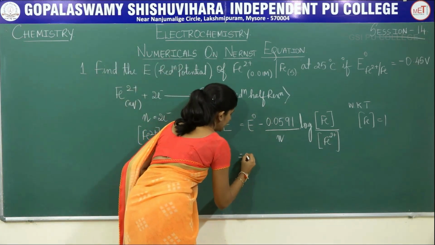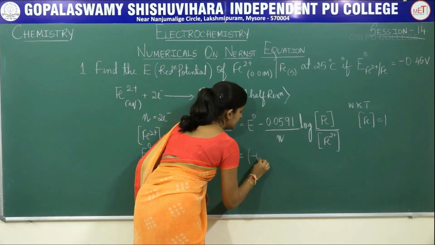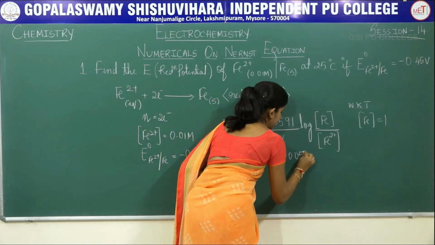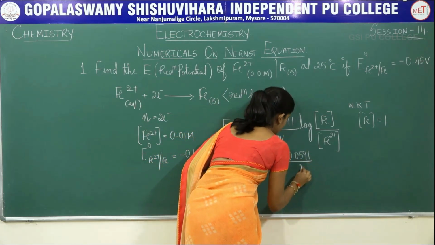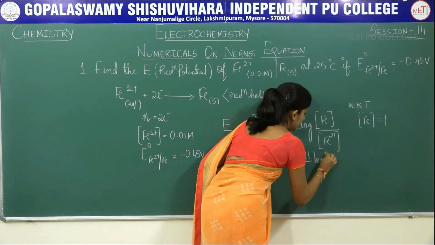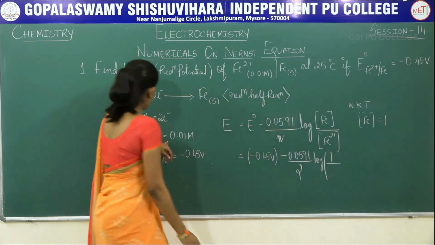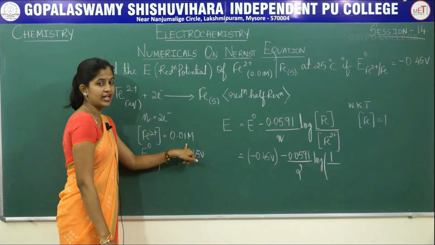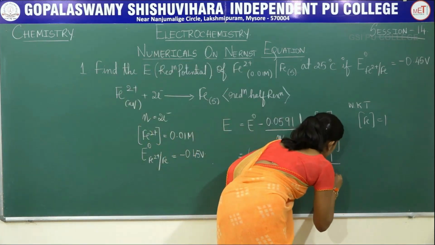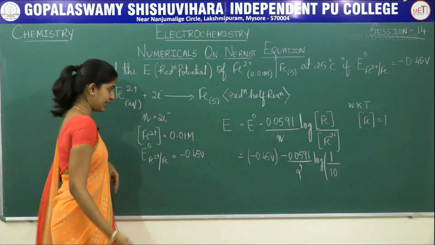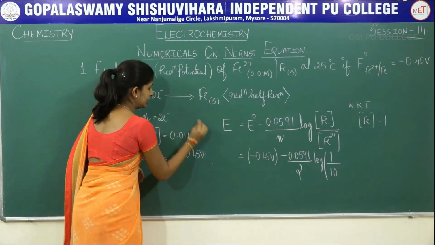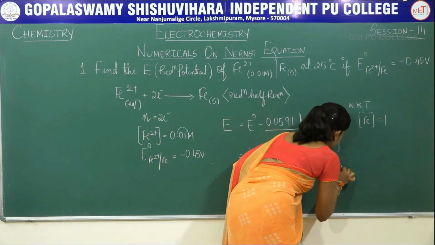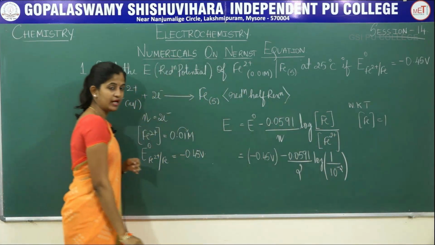So substituting, E is equal to minus 0.45 volts minus 0.0591 divided by 2 log of 1 over the concentration of Fe2+, which is 0.01. I can write this as 10 to the power of minus 2.